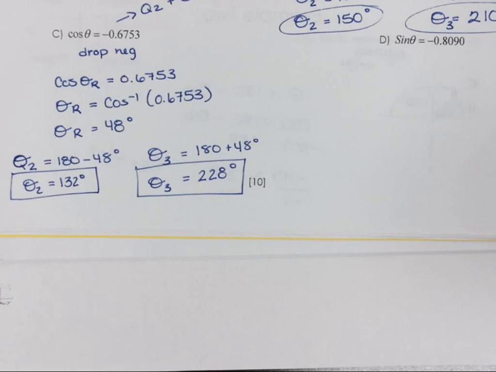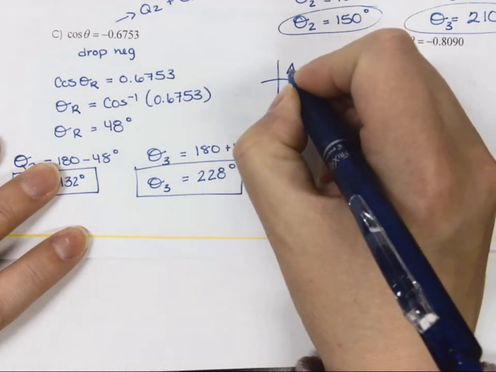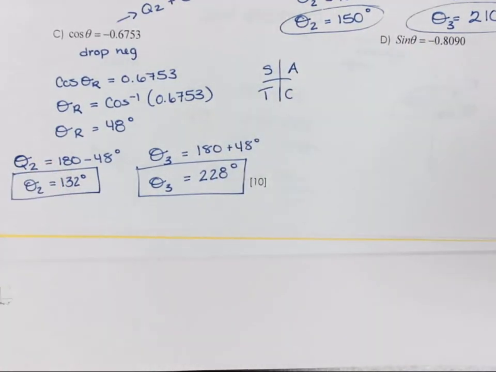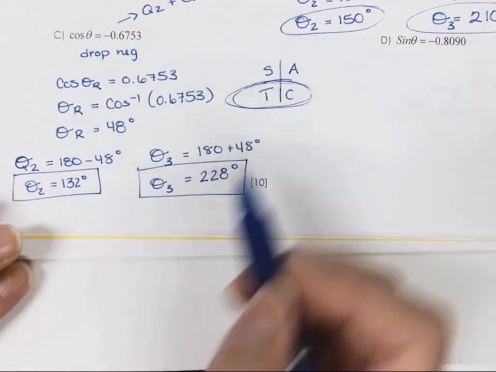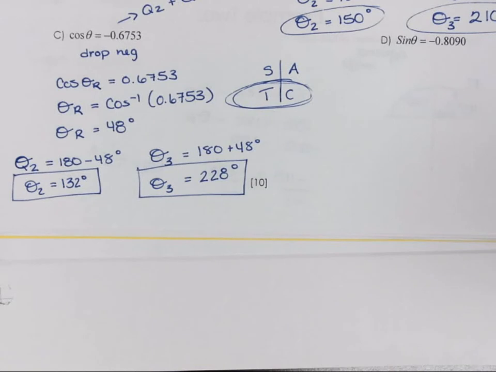Okay, the CAST rule tells us where it's positive. So where is sine positive? 1 and 2. So therefore, we're looking for where sine is negative. So it's going to be in 3 and 4. Not 1 and 4, not 2 and 4.